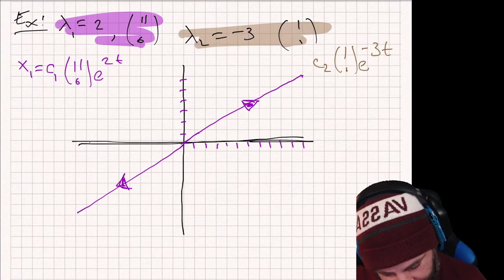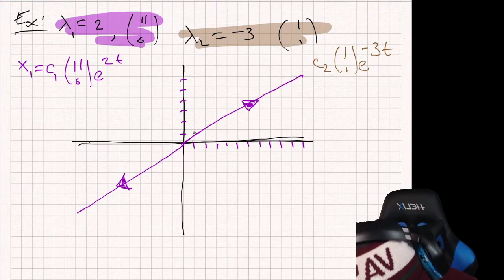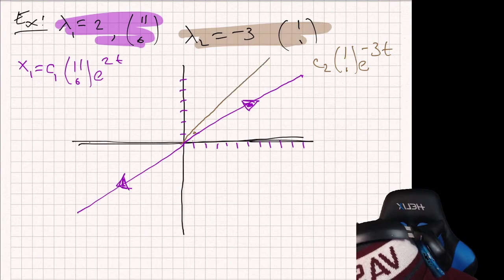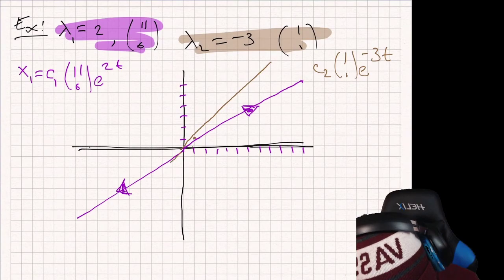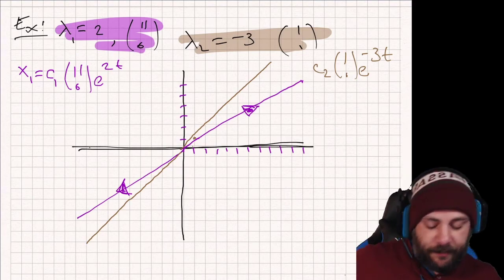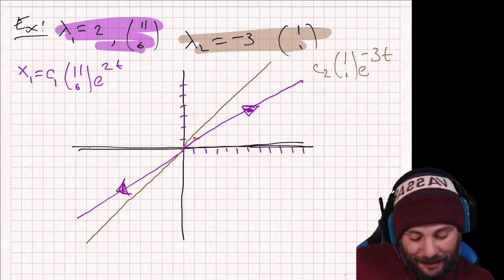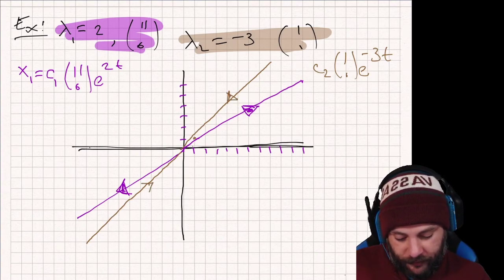So I'm going to find (1, 1), which is right there in the corner, and I'm going to sketch that straight line solution. I'm trying to be very precise because I can be, and it would be more fun if it looked pretty. Okay, there we go. Now this is associated with a negative eigenvalue, which means along this straight line solution, I'm crashing in toward the origin.